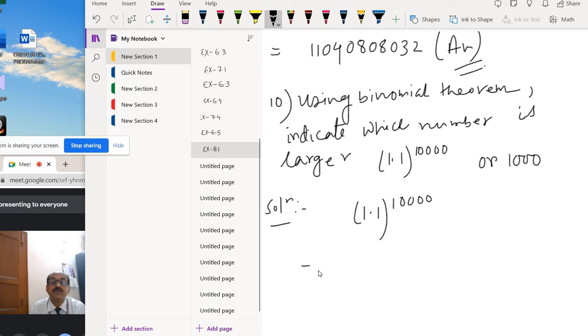So it is equal to 1 plus 0.1 to the power 10,000.